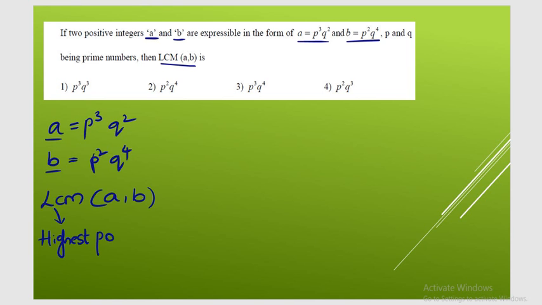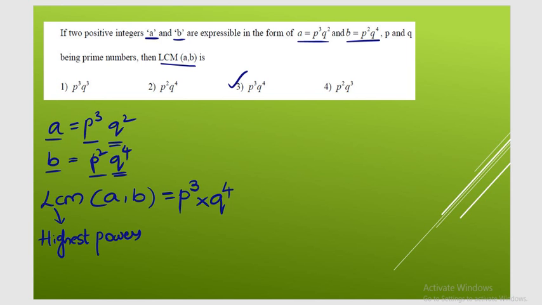Simply remember this: for LCM you need to consider highest powers. So what is the highest power of the prime number p amongst p cube and p square? It is p cube. And the highest power among q square and q power 4 is q power 4. Hence the answer is p cube into q power 4.